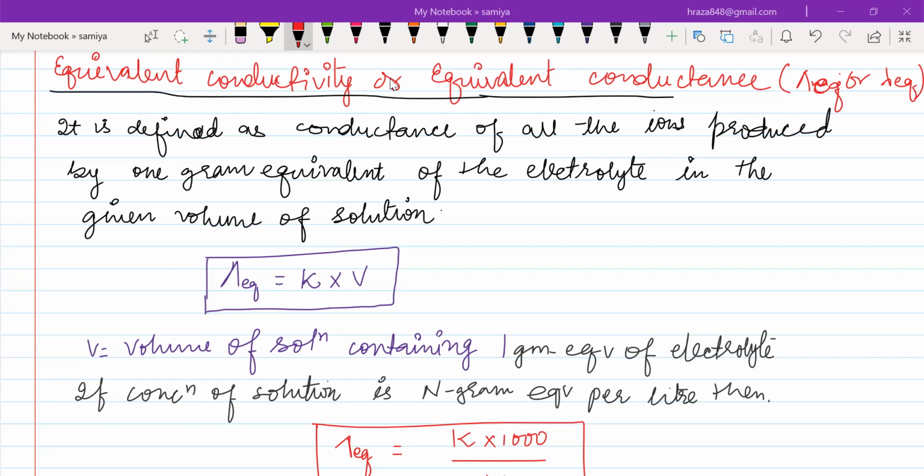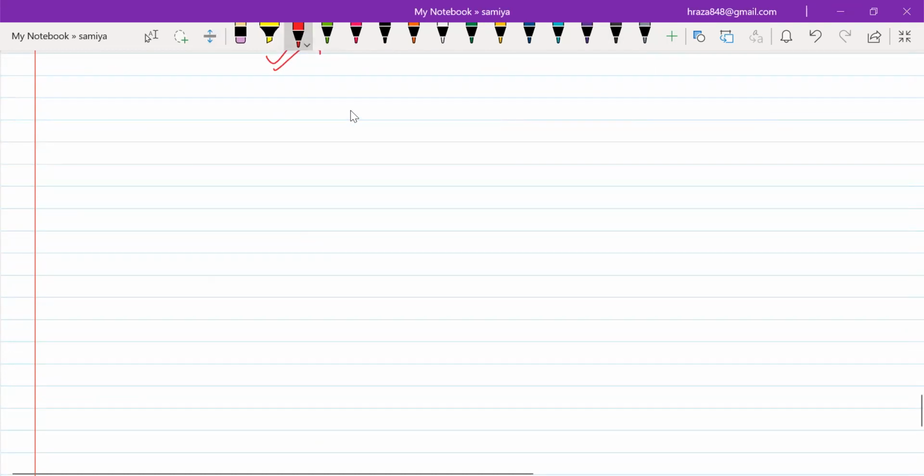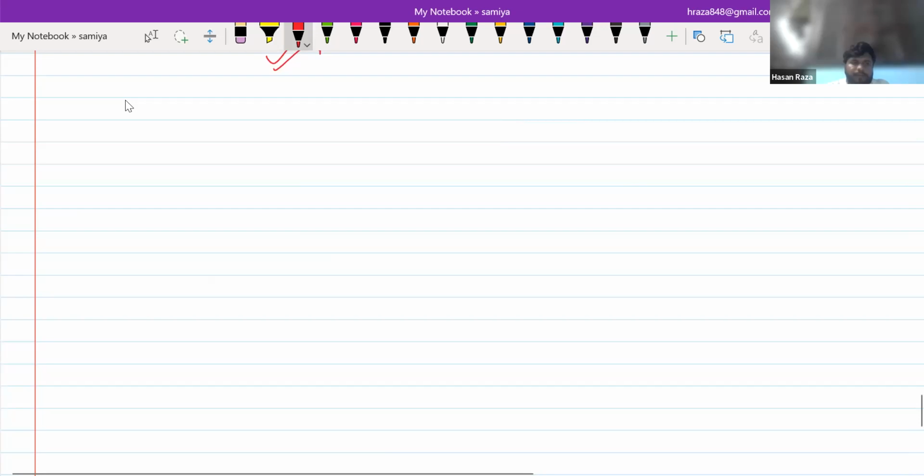Now, the relation between equivalent conductivity and molar conductivity.